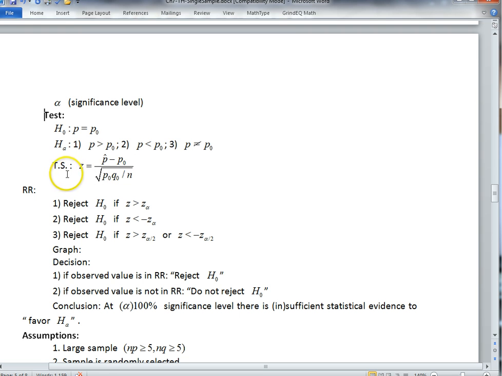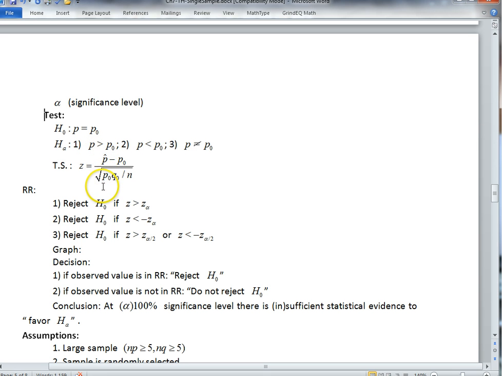And our test statistic in this case, again we deal only with large samples. We don't have to deal with small samples because the tests are quite different and beyond the level of this class. So we take p hat minus p0 over the standard error of p hat.